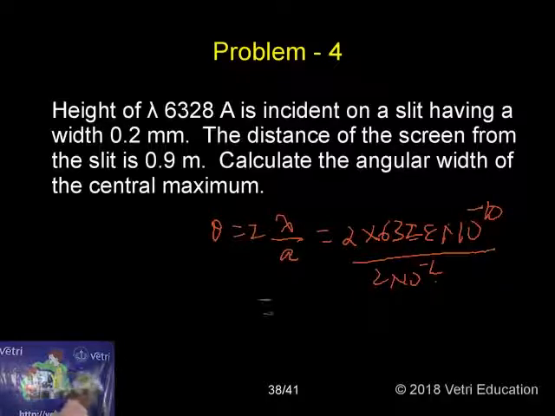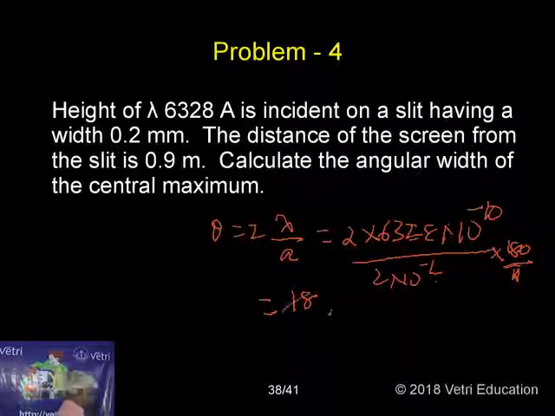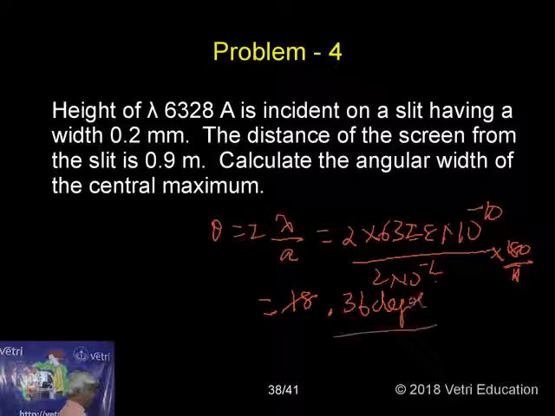On simplification, because it should be converted into radian, it is 180 by pi. That is equal to 0.36 degree. This is the angular width. So the value may be converted into degrees, that is 180 by pi. Pi value everyone knows. So this is one method for finding the angular width.